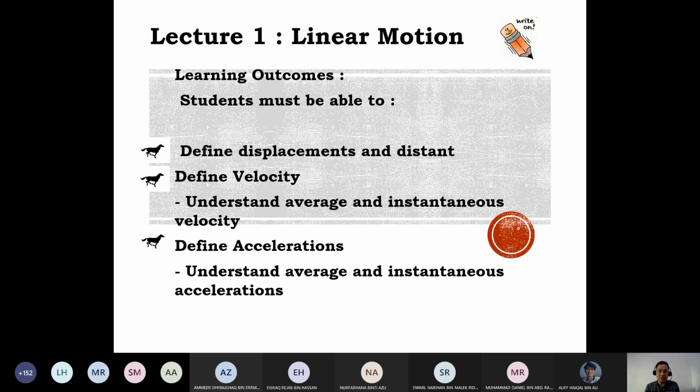Okay, so for these linear motions, at the end of the lecture, the students must be able to define displacement and distance, so they know the difference between displacement and distance, and then define velocity. They have two types of velocity, the average velocity and the instantaneous velocity, and then define acceleration.